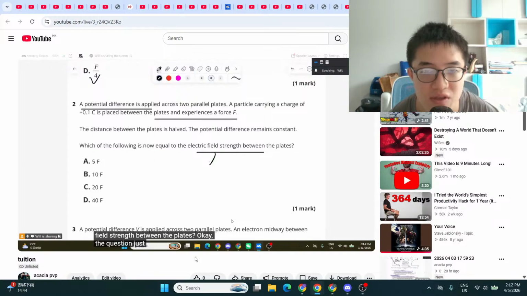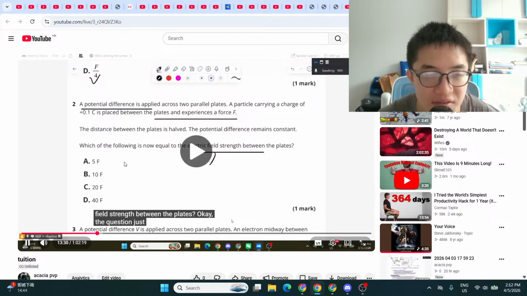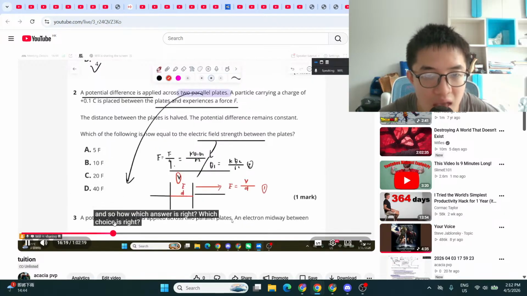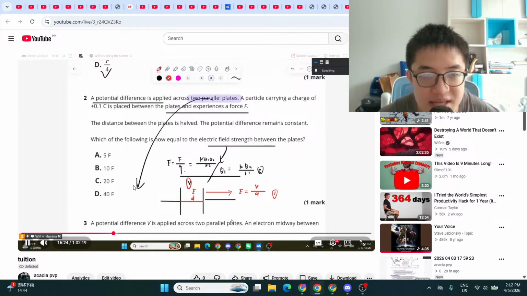E equals F over Q, E equals V over D. Now D is halved, so if D is halved, E is doubled. If E is doubled, then E is 10F, doubled is 20F. So it's 20F. Asked to calculate the electric field strength, so maybe we can use the electric field strength formula. V over D, F over Q.